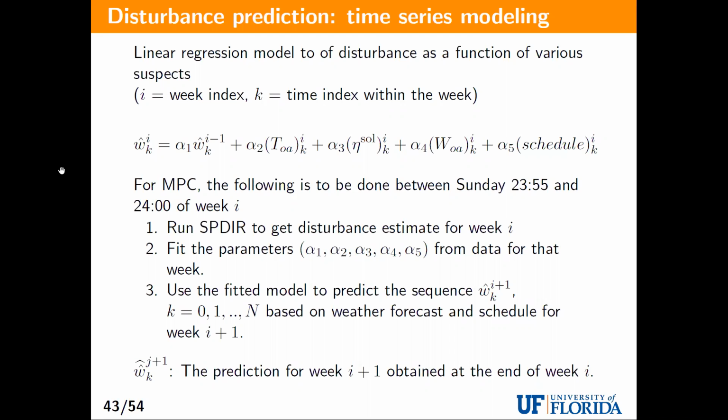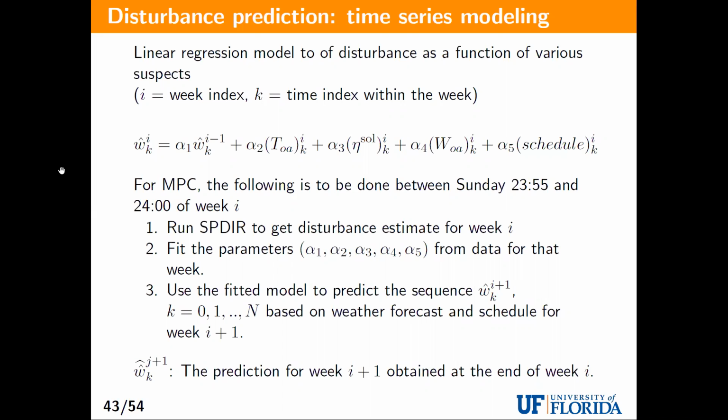So you have to know the schedule information, because if it is the summer, the schedule will be 0, let's say, or 1. And that will produce one kind of occupancy pattern, which will produce one kind of disturbance. Whereas if the classes are ongoing, then you'll probably have more people, you'll have more disturbance. So you come up with a model like this and you fit these parameters by looking at all the existing disturbance estimates that you already have.